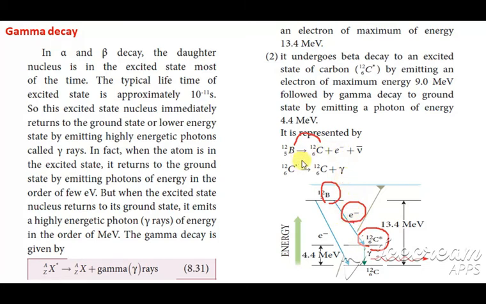Then this carbon again goes from the excited state to the ground state. When it comes to the ground state, it gives off energy in the form of gamma rays. So there is no change in the element. The element remains the same, only the energy levels will be different. Clear with gamma rays? So these are all about radioactivity, that is, alpha, beta and gamma rays. Clear? Thank you.